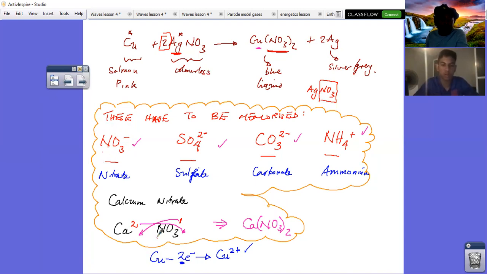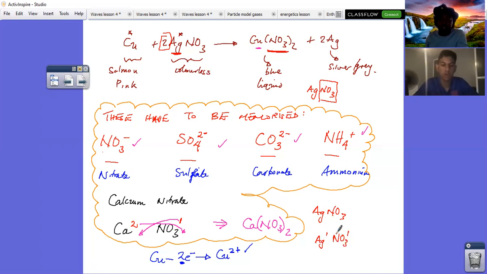See how we were finding the formula for calcium nitrate? We wrote NO3. So if you are finding the formula for silver nitrate, which we are given as AgNO3, how did it end up at AgNO3? Only if I had a 1 on Ag, because the nitrate always has a 1.